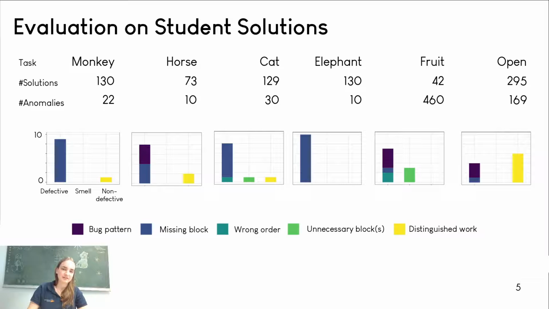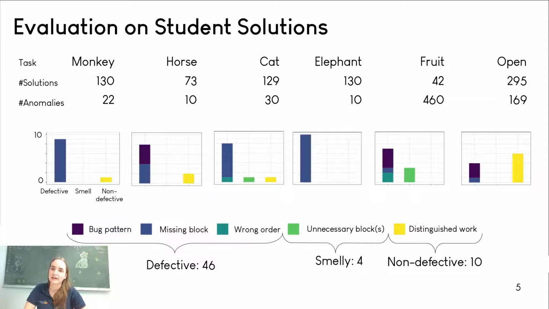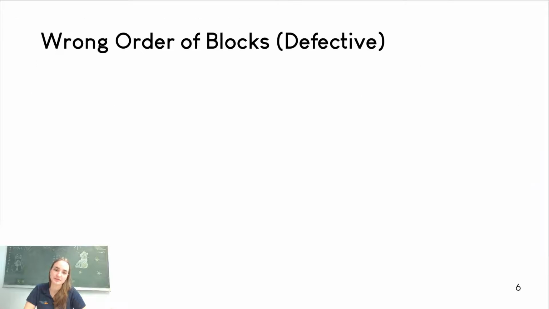But there it's expected that there are some more non-defective anomalies because the programs are much less similar than in the other tasks. Overall, we found 46 defective, 4 smelly, and 10 non-defective anomalies.